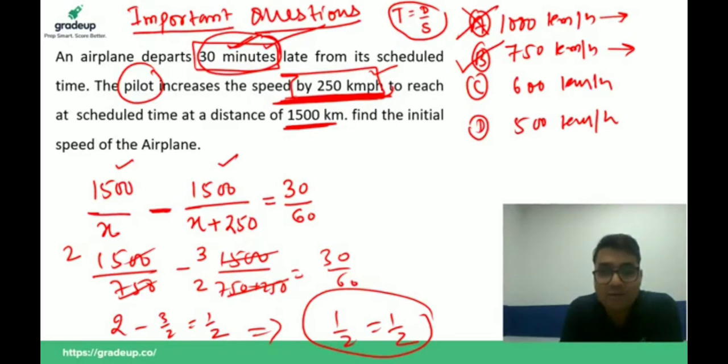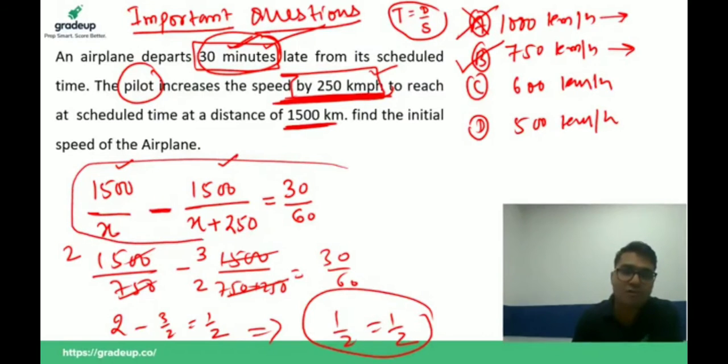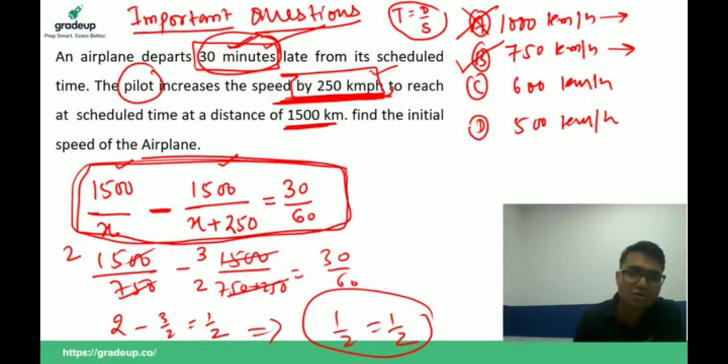So guys, please try to understand this concept. If you are not going by the options, you have to solve the quadratic equation, and this will take time. So in this type of question, please use the option method.